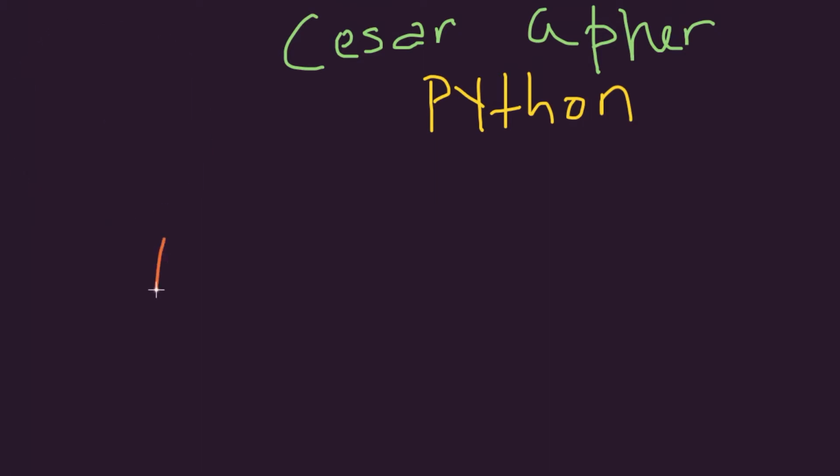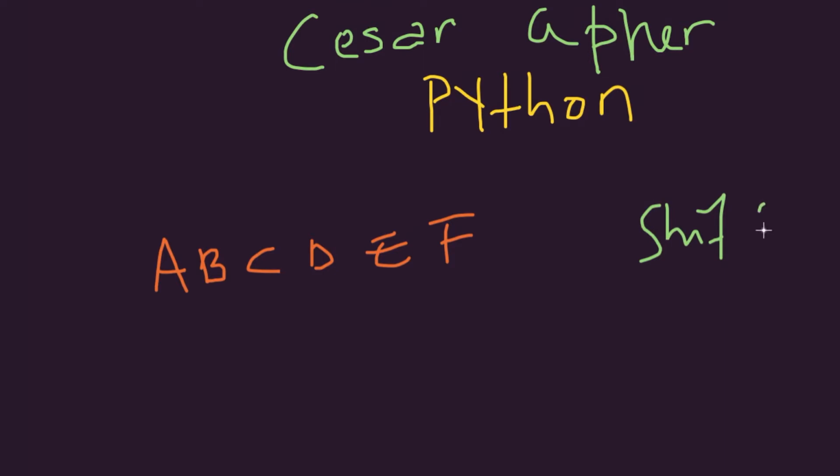As an example, you have a bunch of characters or letters: A, B, C, D, E, and F. And then they're going to give you a shift. Let's say your shift is 1. You are going to cipher your characters using a shift of 1.